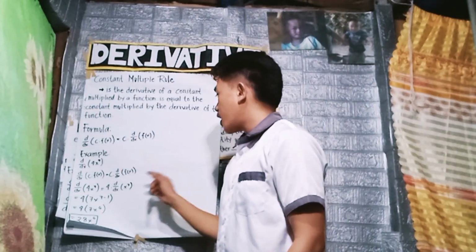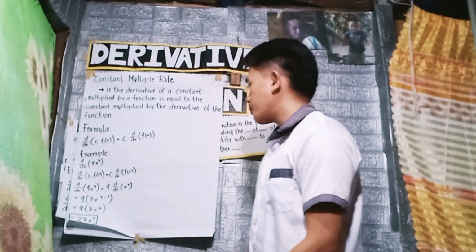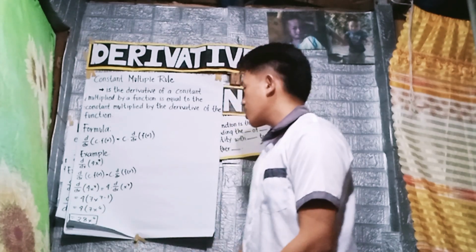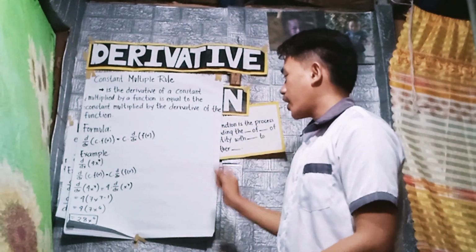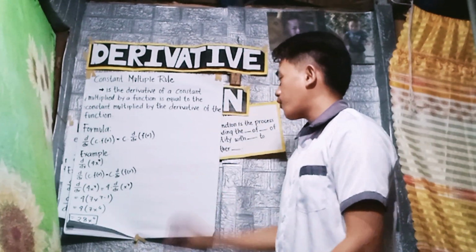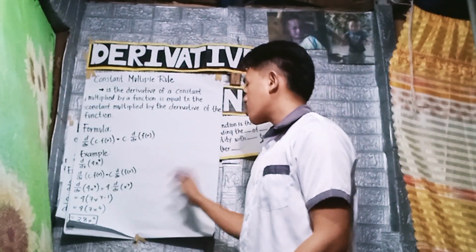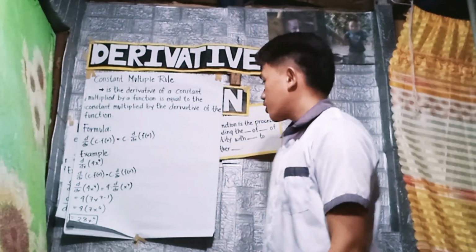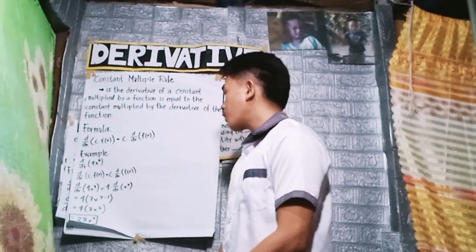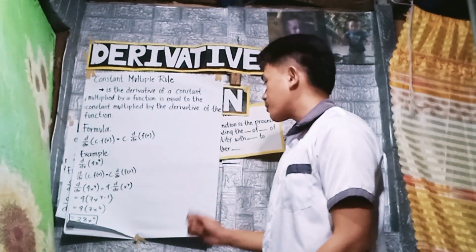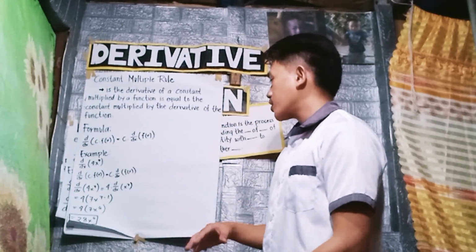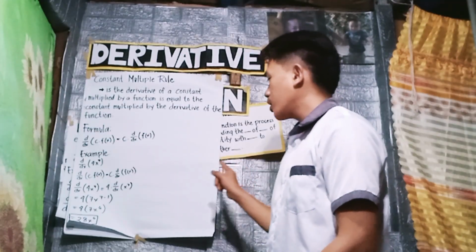Then next, we apply the example. So d over dx of 4x to the raised power of 7 equals 4 times d over dx of x to the raised power of 7.